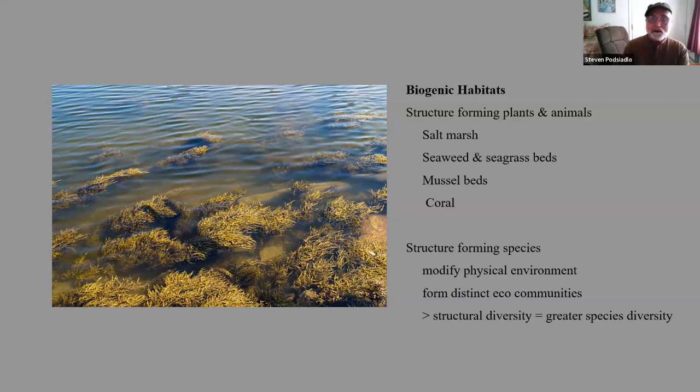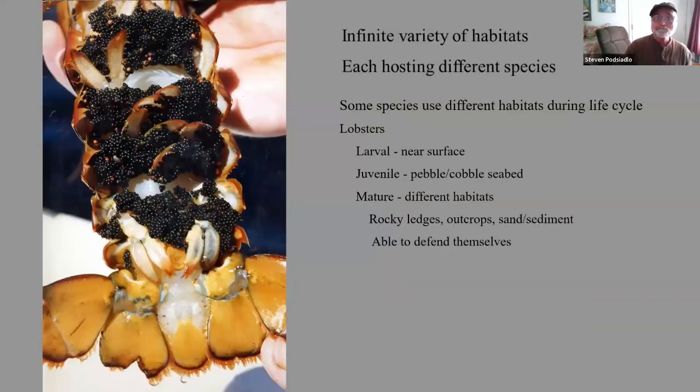Structure-forming species, like any of those mentioned, will modify the physical environment, and they will also form distinct eco-communities. The greater the structural diversity, the more species diversity you're probably going to get. There's an infinite variety of habitats, and each one hosts different species.